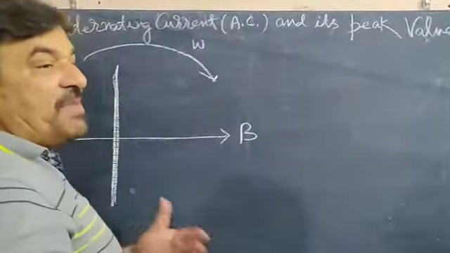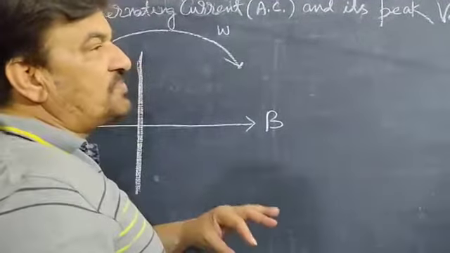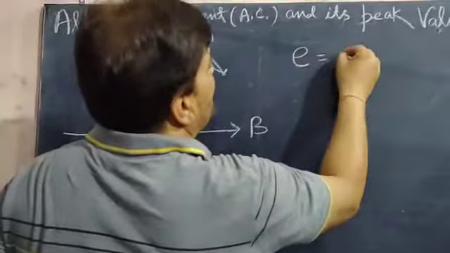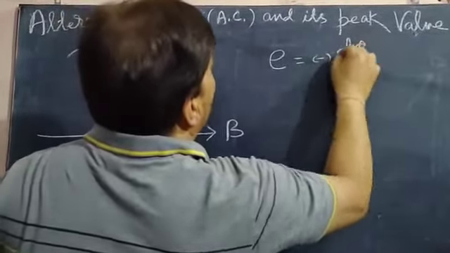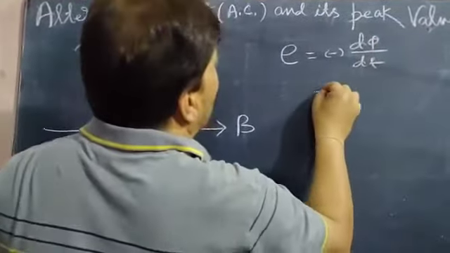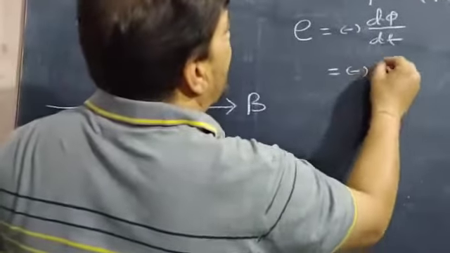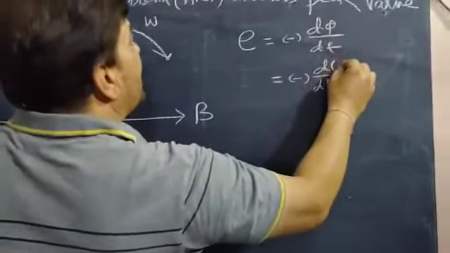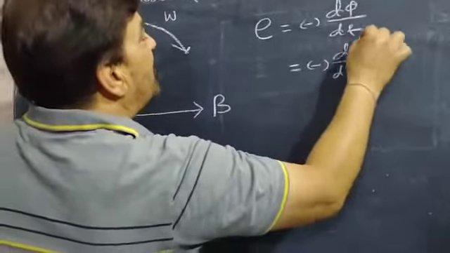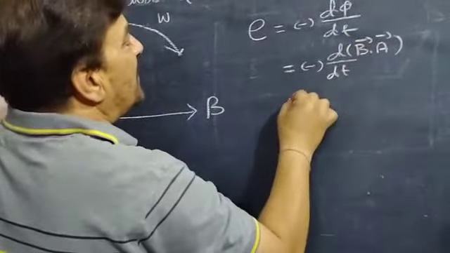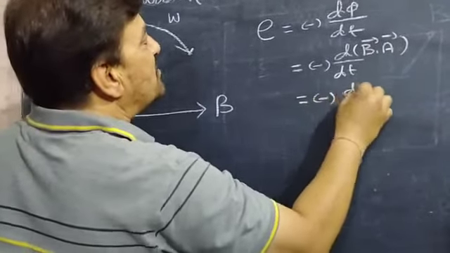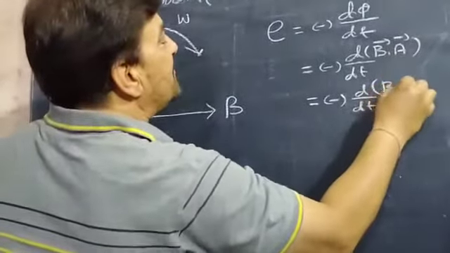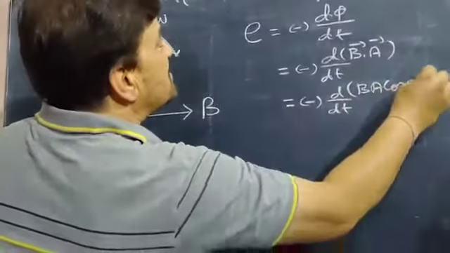In terms of this magnetic flux, if we use Faraday's second law to obtain the value of induced EMF, E equals minus d phi over dt, which is minus d over dt of B dot A. B dot A means B A cos theta.